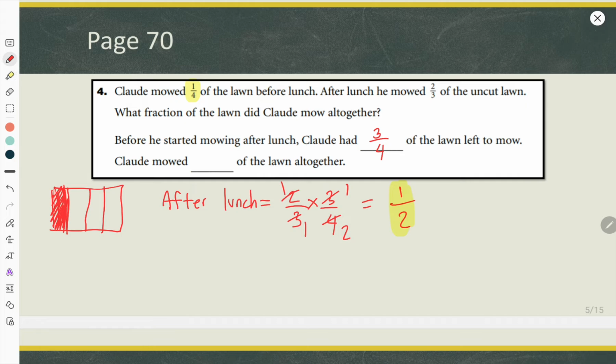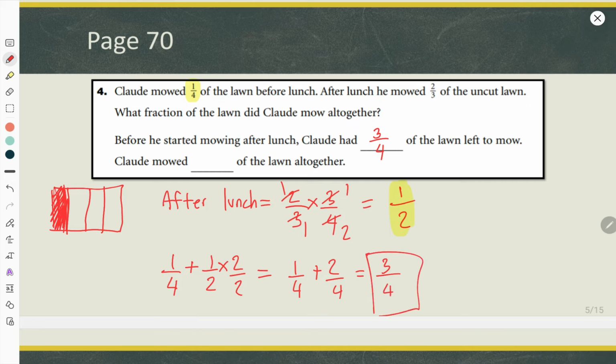There are many ways we can do it, guys. First, we're going to add them up. So we have 1 over 4 plus half. Now, in order for us to add fractions, we're going to make the denominators equal. So we got 1/4 plus 2/4, which is 3/4.